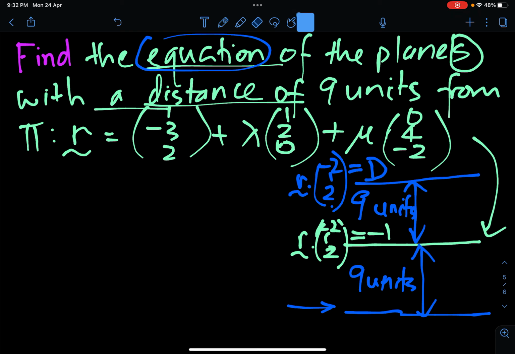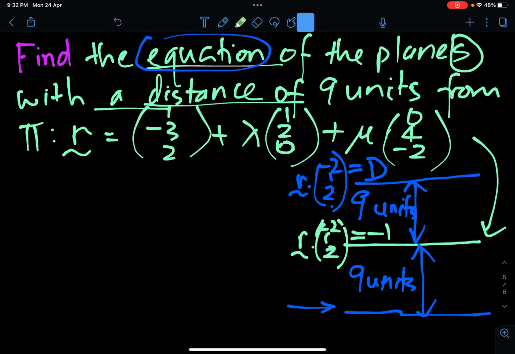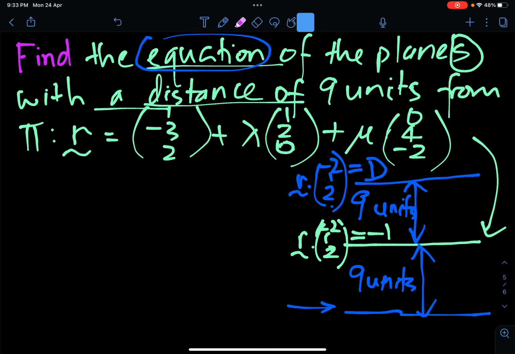Let's use the D1 minus D2 to solve. We need to form an equation with the D1 minus D2.